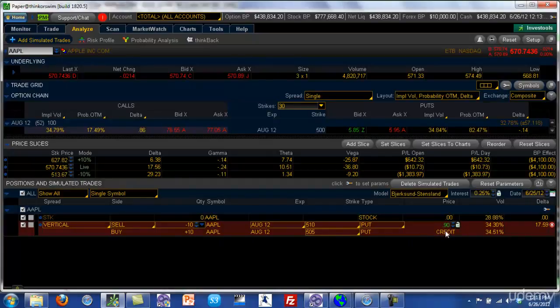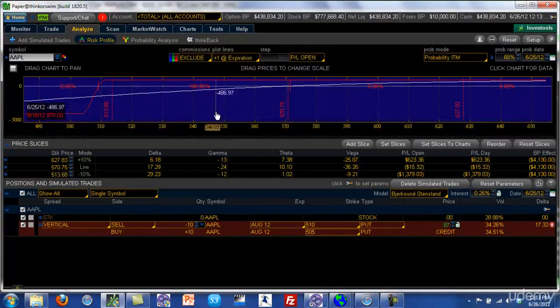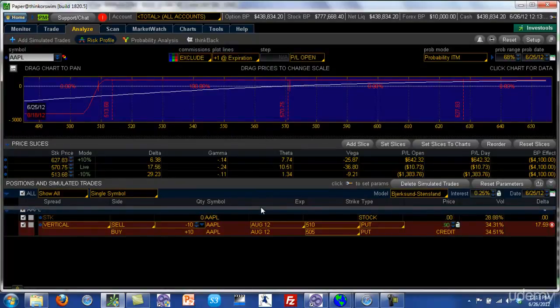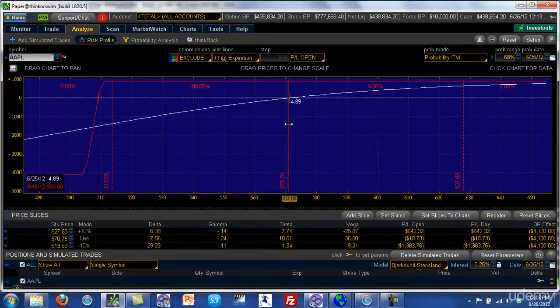You're going to get a credit of 90 cents on this spread. If you look at its risk profile, that's what the risk profile would look like, and Apple's current price is here. Before expiry, as long as Apple doesn't touch 510, you're going to make your maximum profit on this trade, which is about $900.